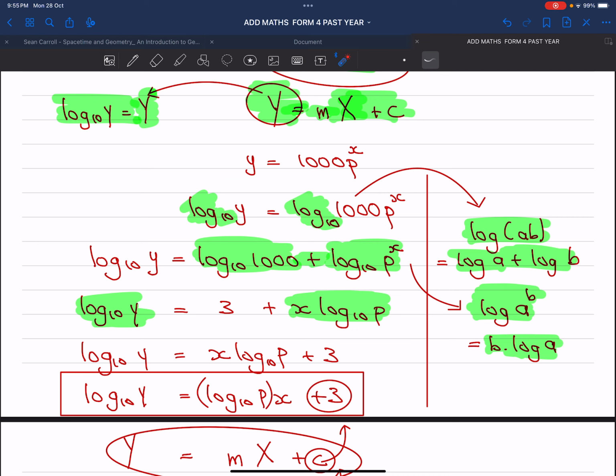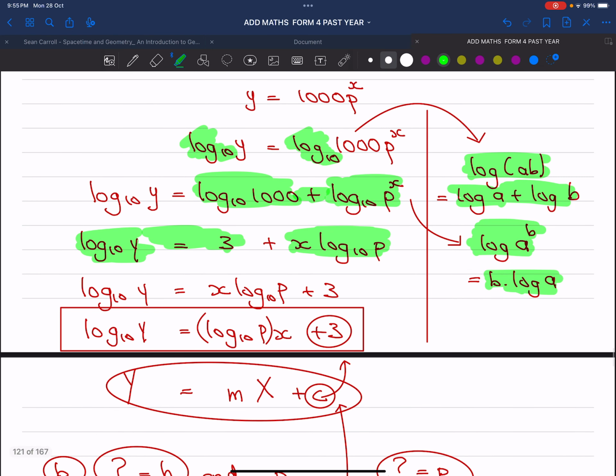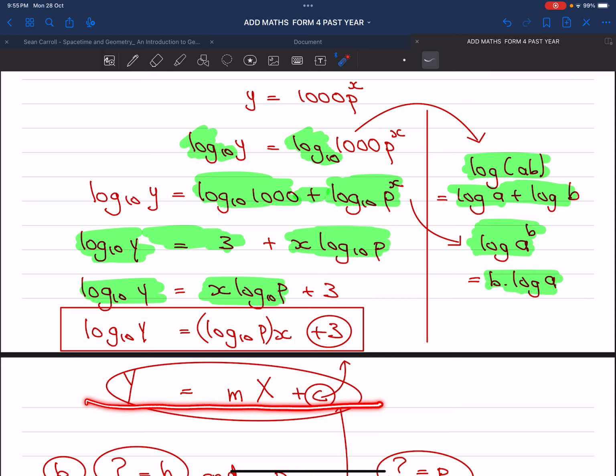And log 1000 base 10, if you use your calculator, you get 3. Now, x log p, I'm going to write in front. Why? Because in the equation of the linear line, x comes first and then only the number c. So this x log p base 10, I've written first, and then the number 3 second.